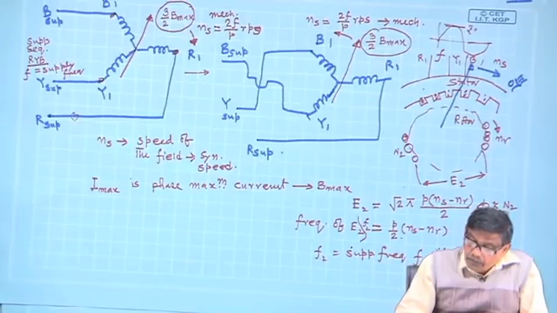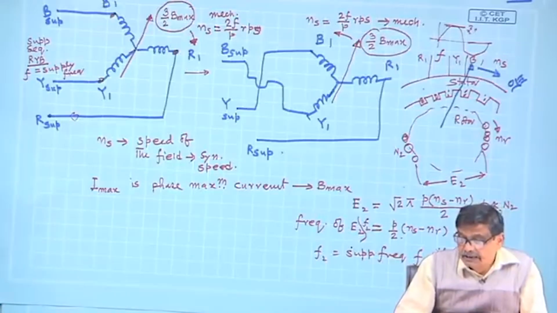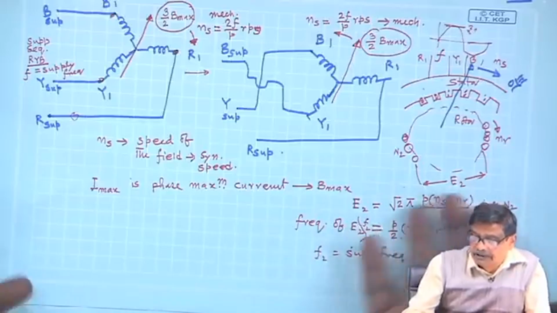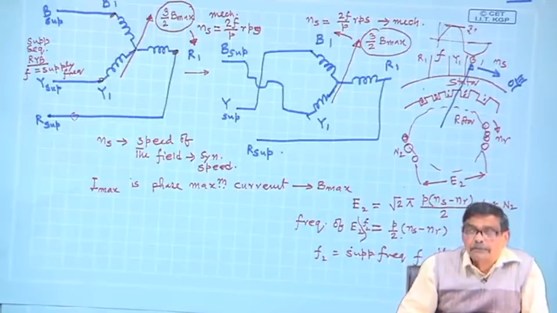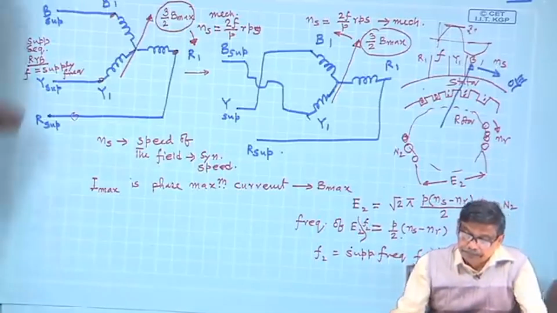However, the moment there is a relative speed existing between the field which is moving and the rotor, which is also driven as I have told you by some external agency, there will be bound to be some induced voltage in this one. Okay.